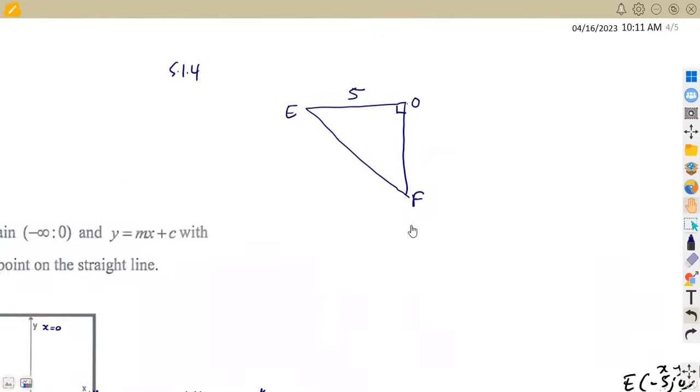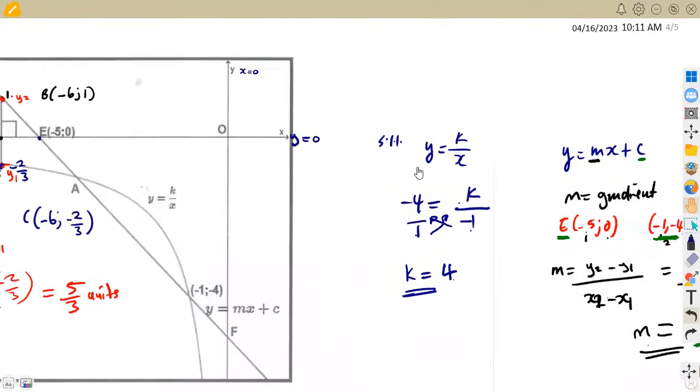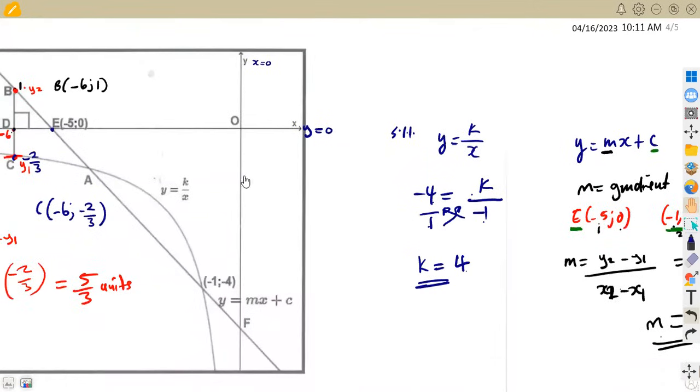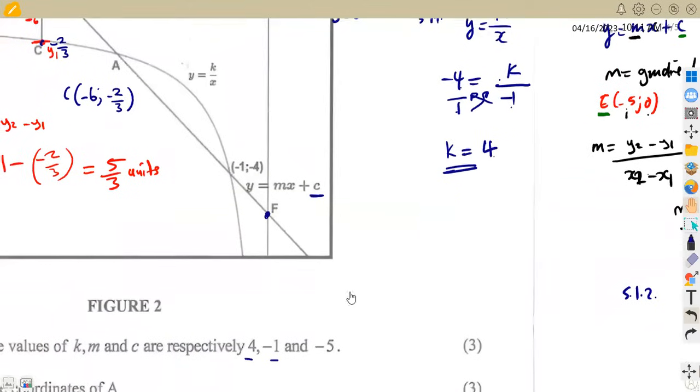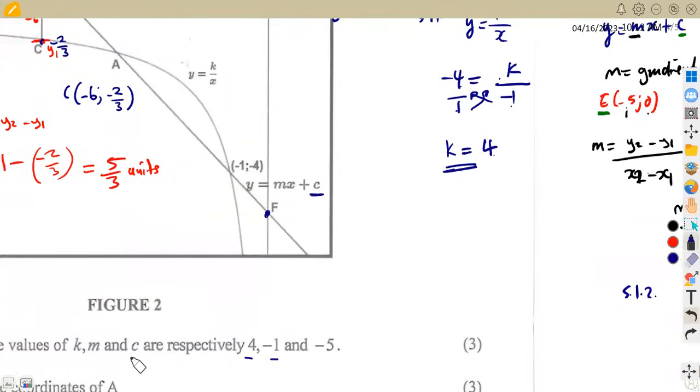To know this distance, we just need the y-intercept of this line at point F, which is the C part of the line. Remember, we calculated C before, and C was equal to -5.